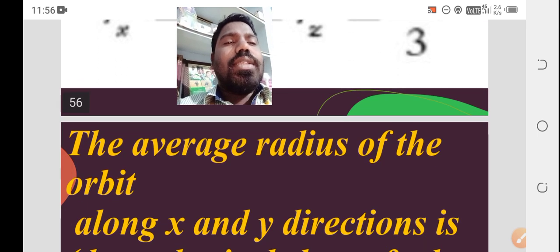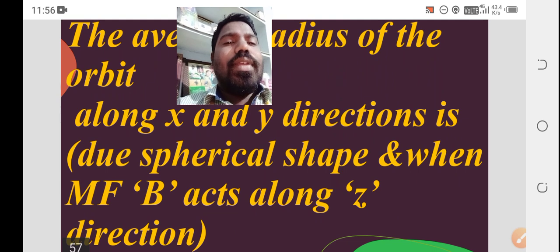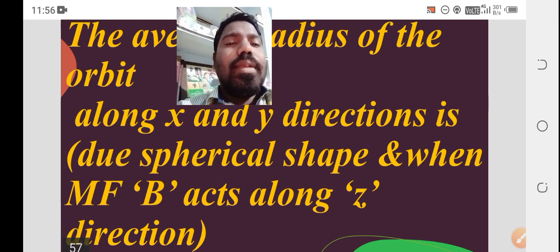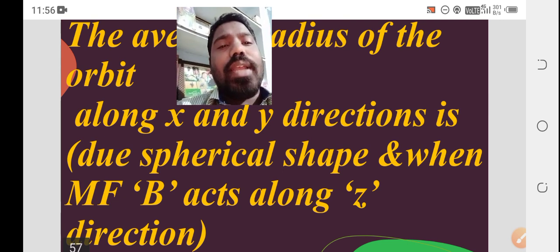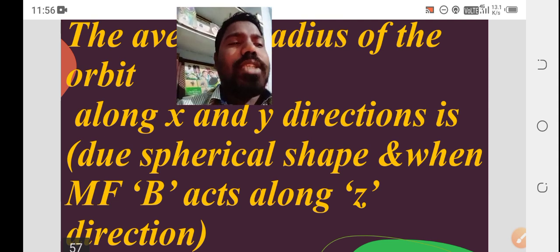So consider the average radius of the orbit along the xy directions, due to the spherical shape, when the magnetic field B acts along the z direction.